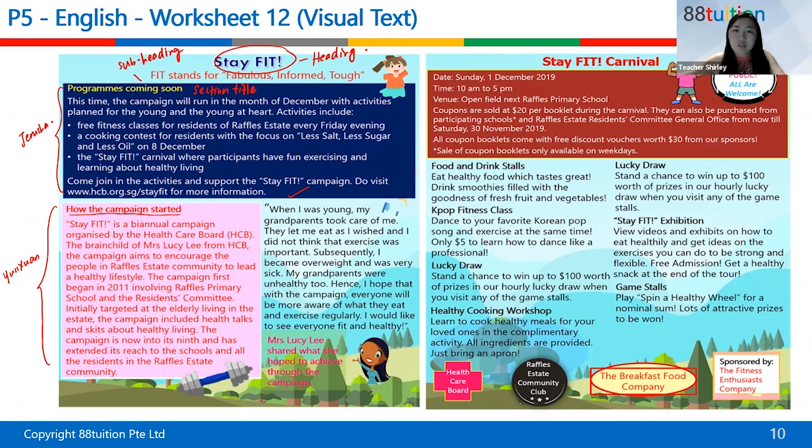Okay, I have another student coming in. Who is that? Let me have a look. Okay, is that Siti? Are you Siti?